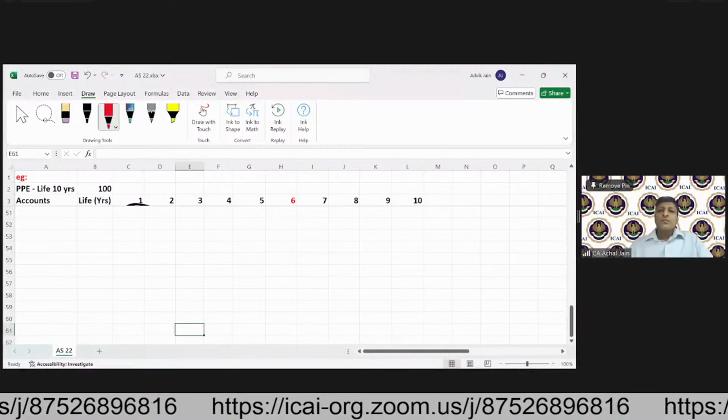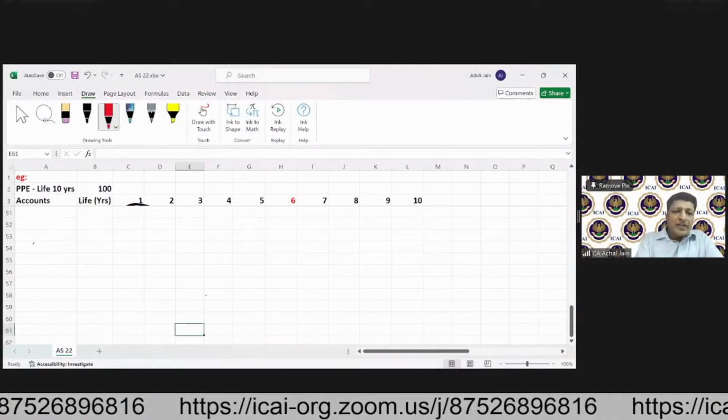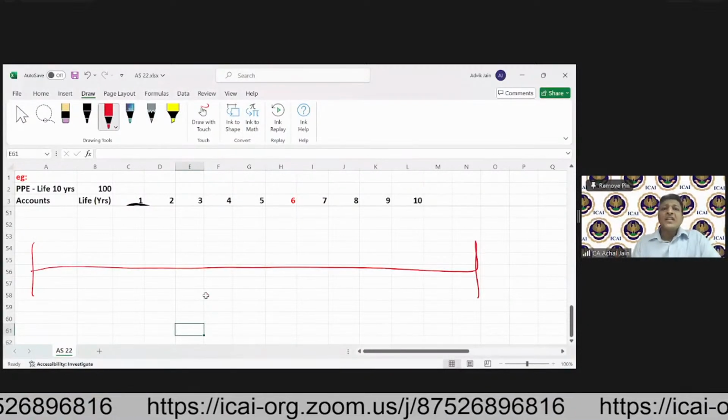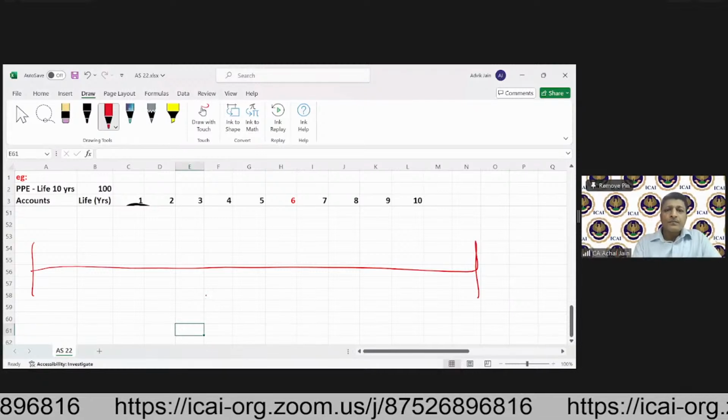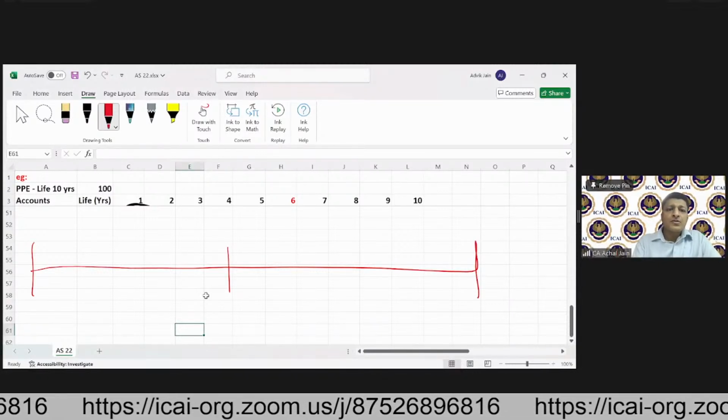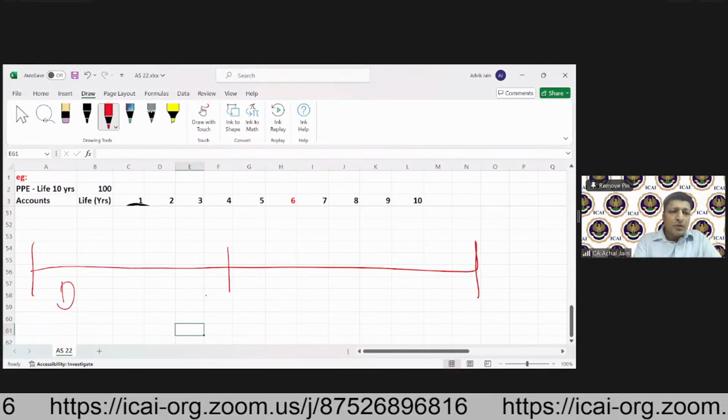Okay, so let's take an example for this permanent difference. Let's suppose there is an expense of donation.